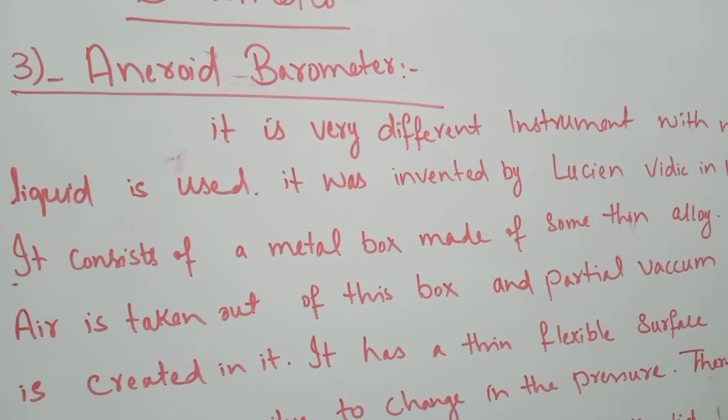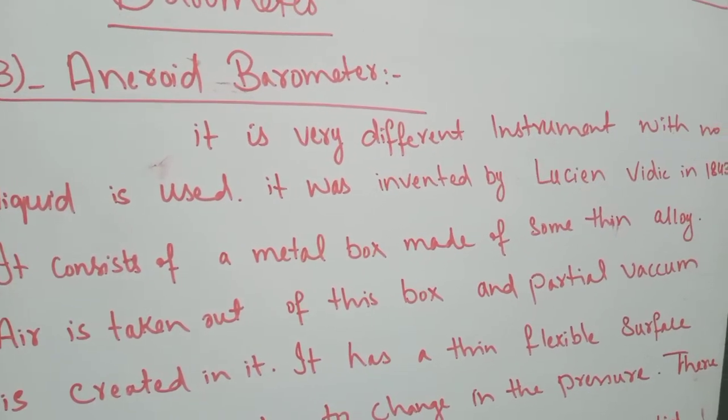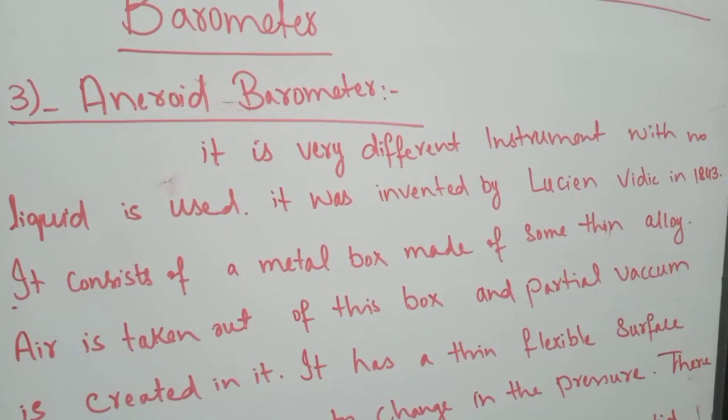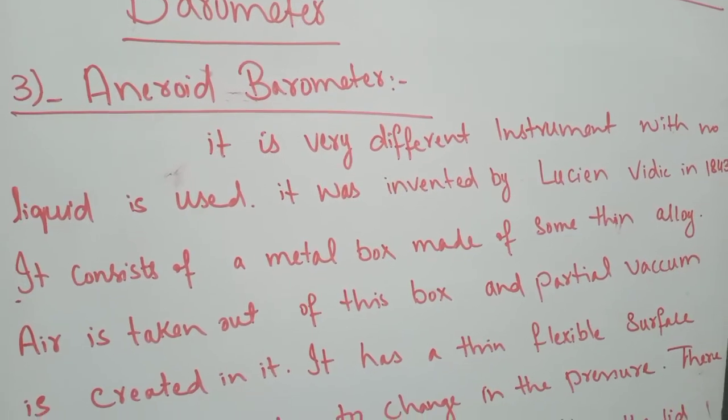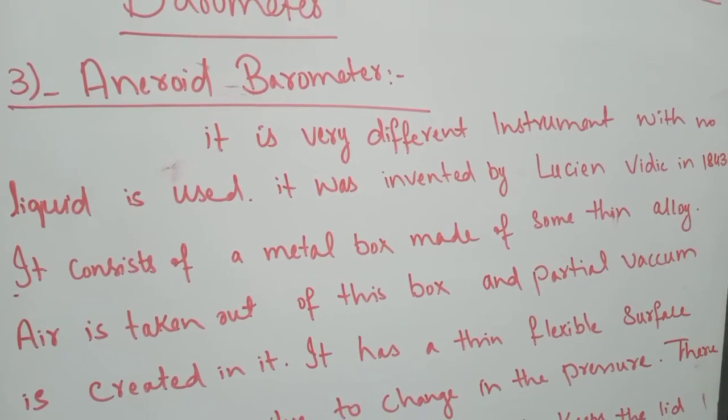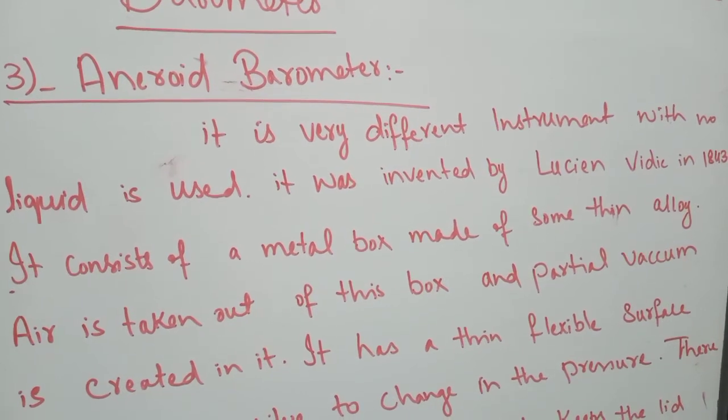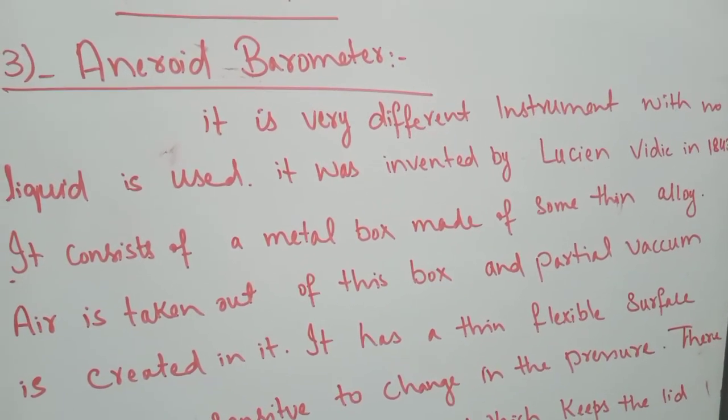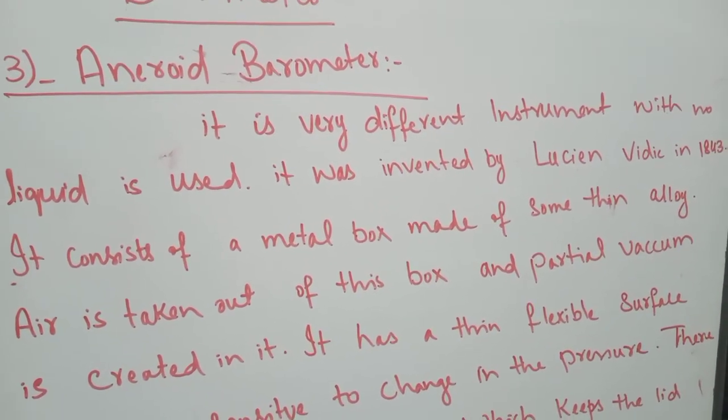Okay, the third category, the third type of barometer, as you can see on the board, is the aneroid barometer. This is a very different type of instrument with no liquid used in it, and it was first invented by Lucien Vidi in 1843.